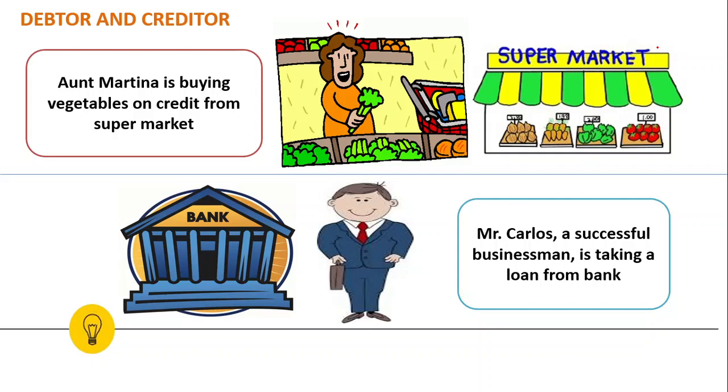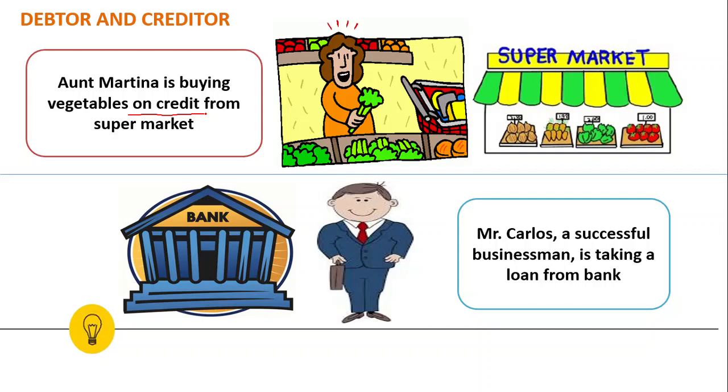The first example is where Aunt Martina is buying vegetables, or doing groceries, from a supermarket on credit. See the word here, it's mentioned that it's a credit purchase from Aunt Martina's angle. So when she's buying groceries from the supermarket on credit, she has become a debtor to the supermarket because she agreed to make the payment in future.